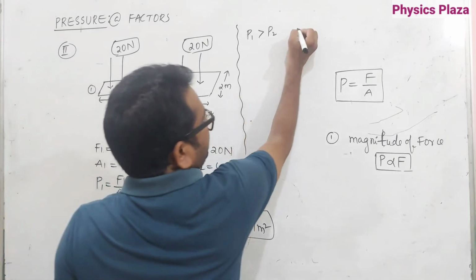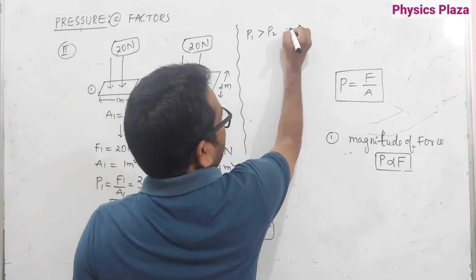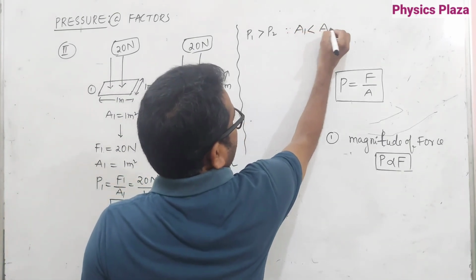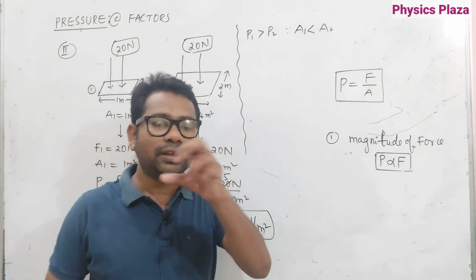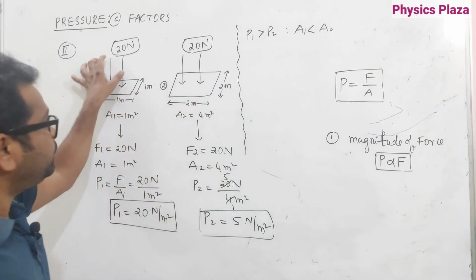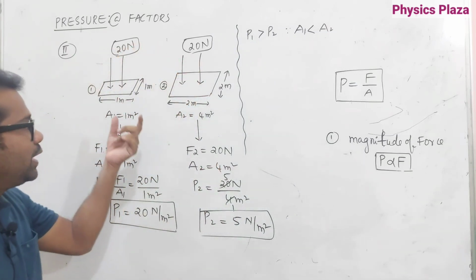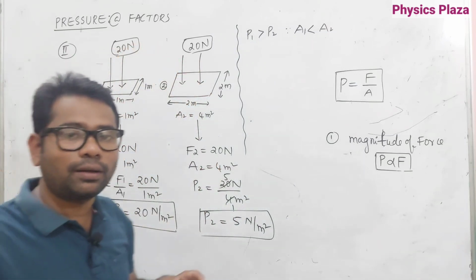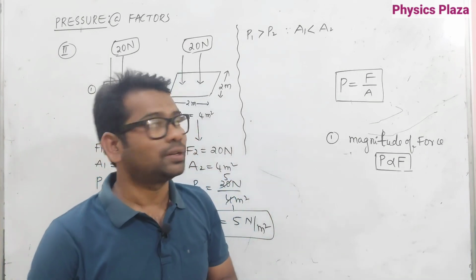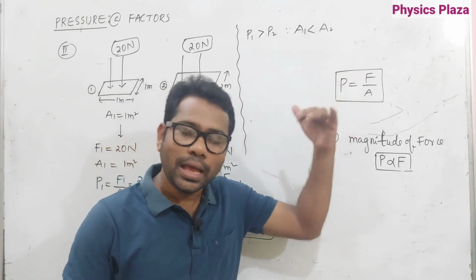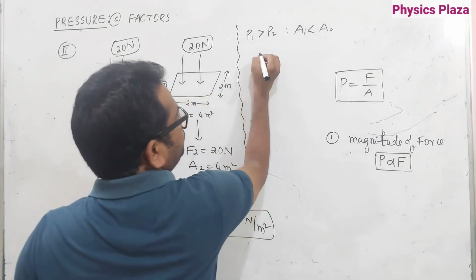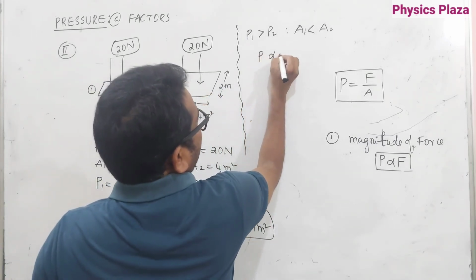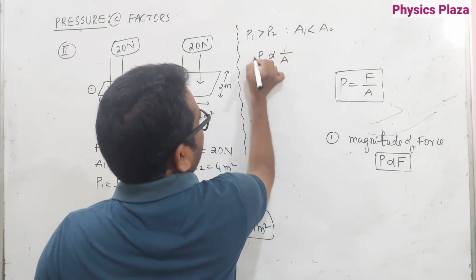So here, since A1 is less than A2, we got one beautiful conclusion, children. For a given force, the less the surface area, the more the pressure, and the more the surface area, the less the pressure. Which means that for a given force, pressure is inversely proportional to the surface area.